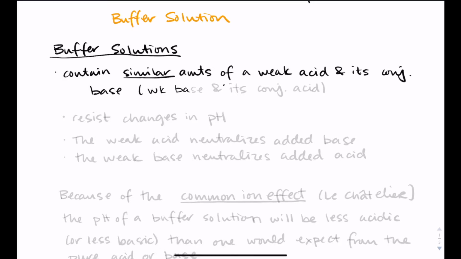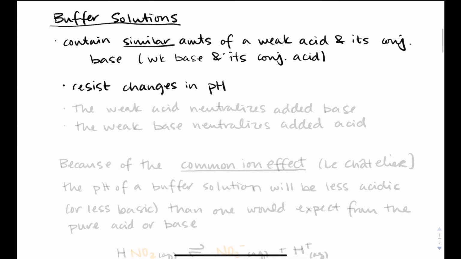We call it a buffer solution because it resists changes in pH. So it will stay approximately the same pH. You could add acid or add base to the solution and it would buffer against that change.